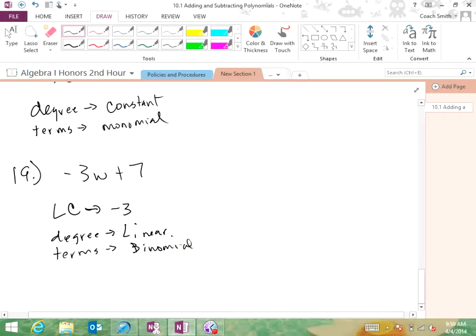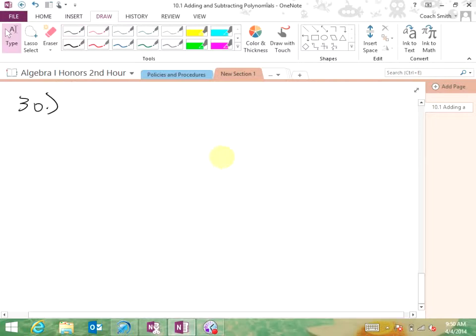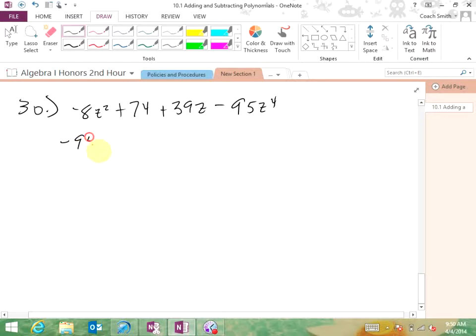Now let's look at number 30. Number 30 says negative 8z squared plus 74 plus 39z minus 95z to the fourth. Well, if I put that in standard form, it needs to be listed like this.